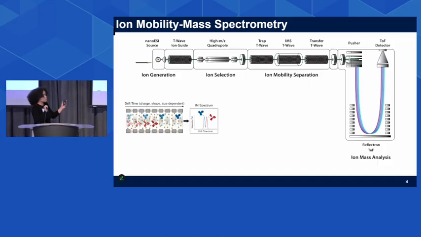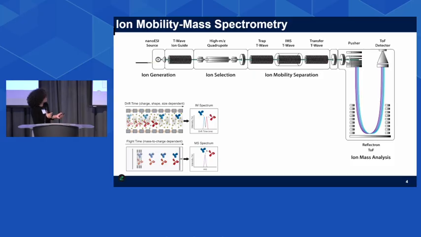So that charged particle is going to travel through the ion mobility separator, and we're going to separate our molecules based on charge, shape, and size, where more elongated structures are going to collide more frequently with this buffer gas, and that's going to be reflected in a higher drift time, while more compact structures are going to collide less frequently, allowing for a faster drift time. Then we can get our mass analysis using a time-of-flight mass analyzer.